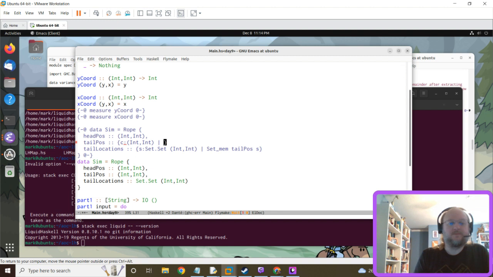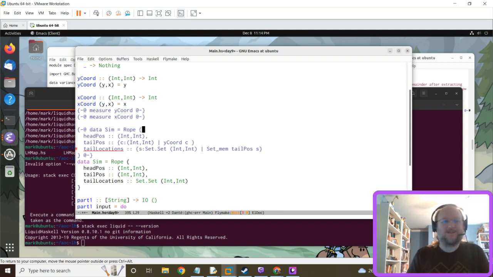So y coordinate of C. And simplest to do this is absolute value.